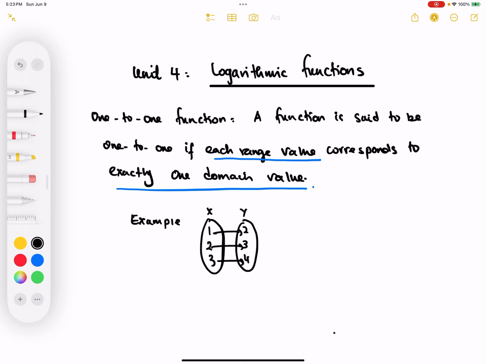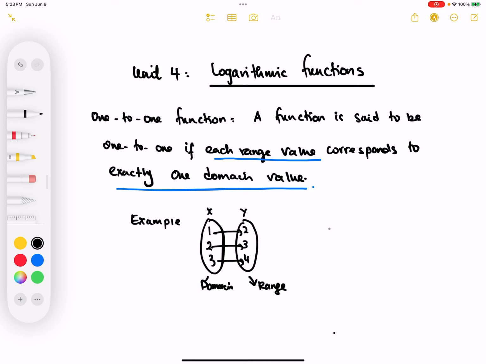That is a one-to-one function. Remember, this is the domain of the function. This is the domain. This is the range. So no repetition along x values and y values.